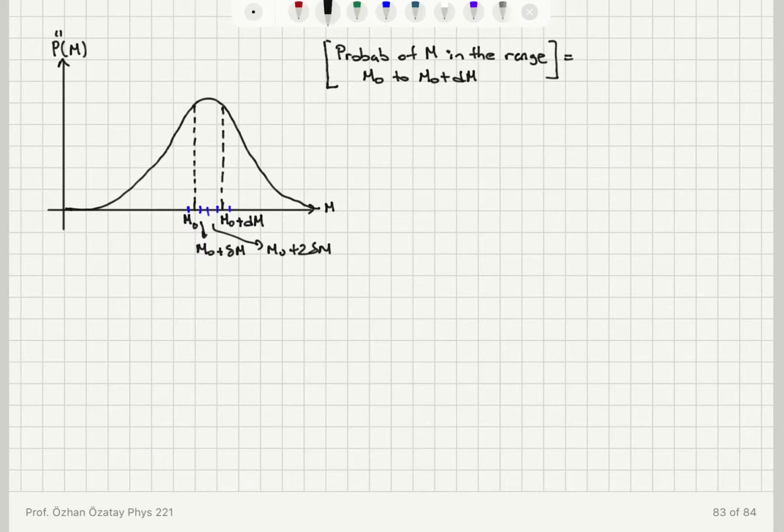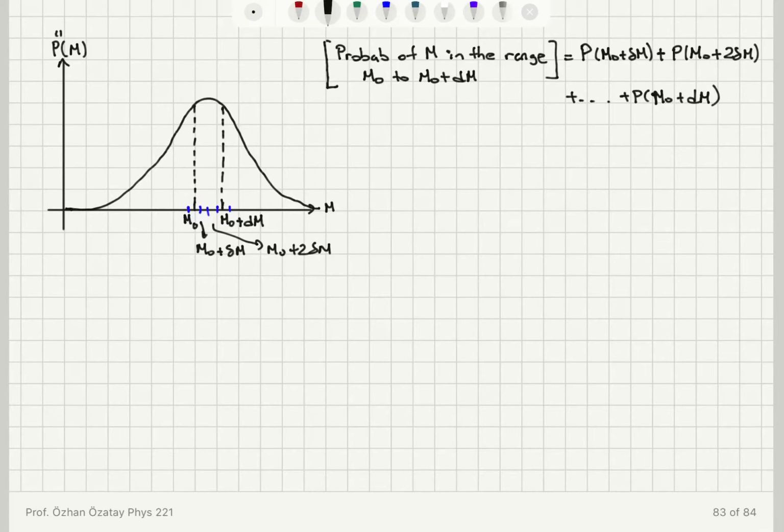So the answer to this question, considering the discrete distribution, the probability of m in the range m0 to m0 plus dm, will be given by the following. The probability of finding an m value m0 plus delta m, plus finding the next possible discrete value 2 delta m, etc., all the way up to the probability of finding m0 plus dm.